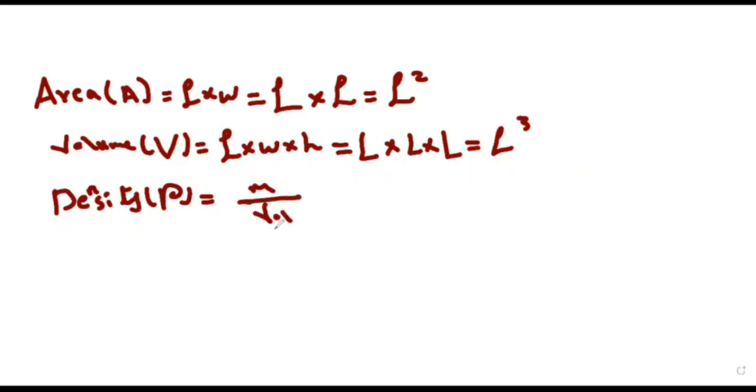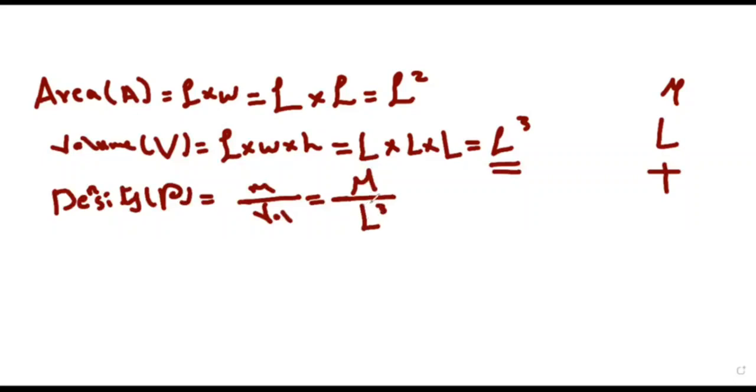Volume is a derived quantity, so we can convert it to fundamental physical quantities. The dimensional formula of mass is M capital. The dimensional formula of volume is L power 3.